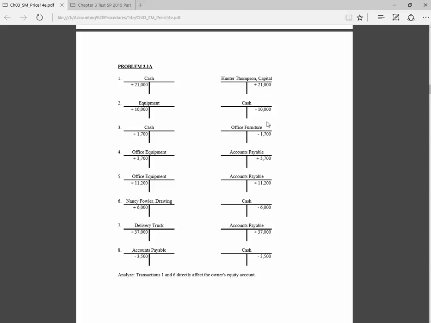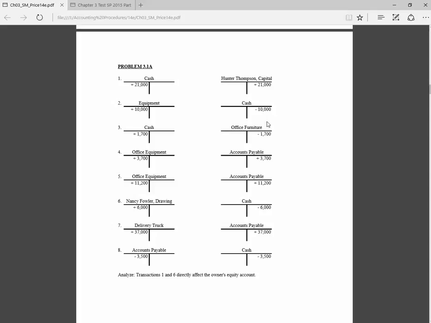Glancing down my answers here, you can see that every single transaction has the same number on the left of the T as there is on the right side of the T.